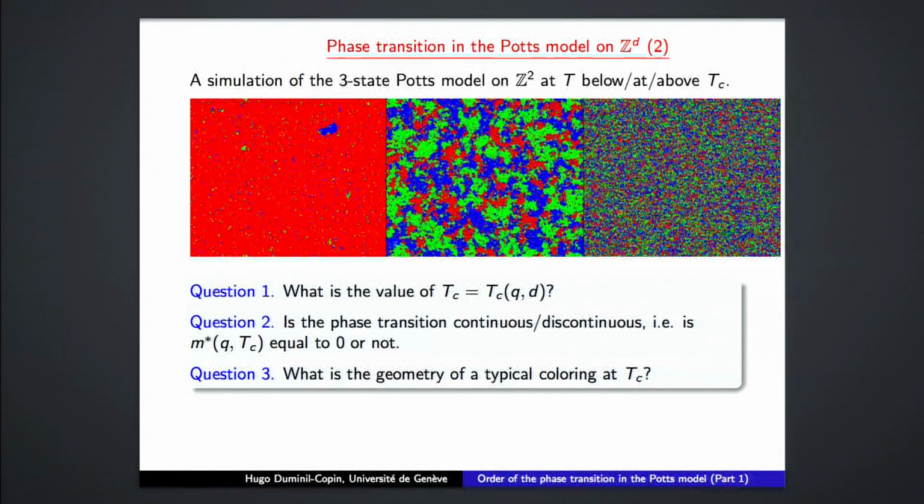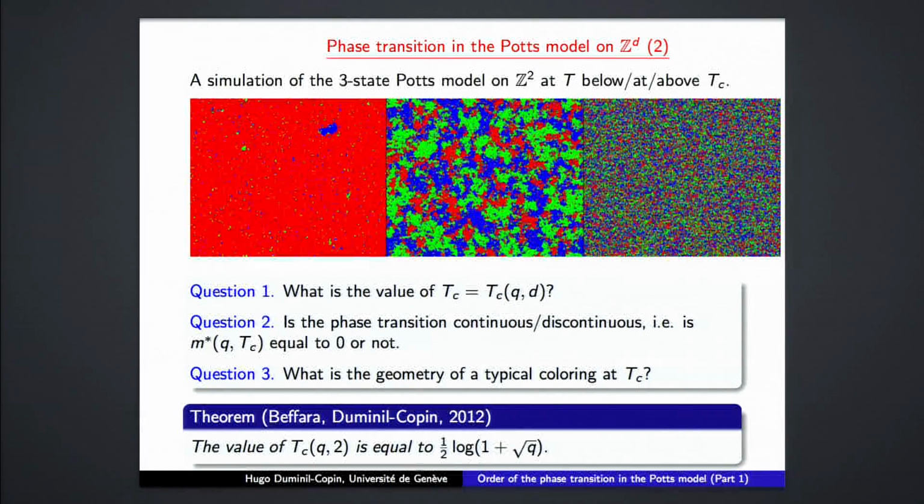At criticality, you will have many beautiful things to study, and I will go back to this later in the talk. So this is somehow the beginning of the story rather than the end, because you can try to study, for instance, what are the fractal properties of this thing, what is the Hausdorff dimension of the interfaces and things like that.